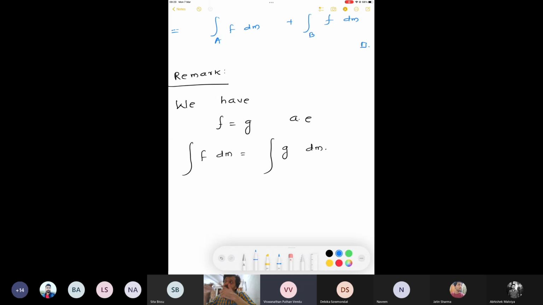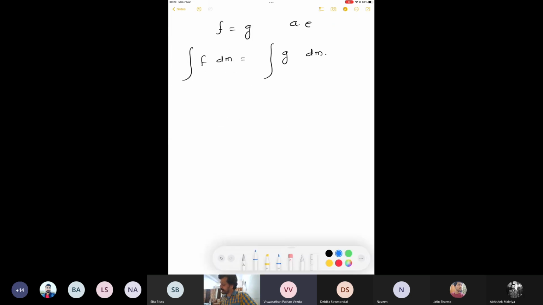It is not stable with respect to the limit. If each f_n is Riemann integrable and f_n converges to f, we cannot say f will be Riemann integrable. Even if f is Riemann integrable, the integral of f may not be equal to the limit of the integral of f_n.